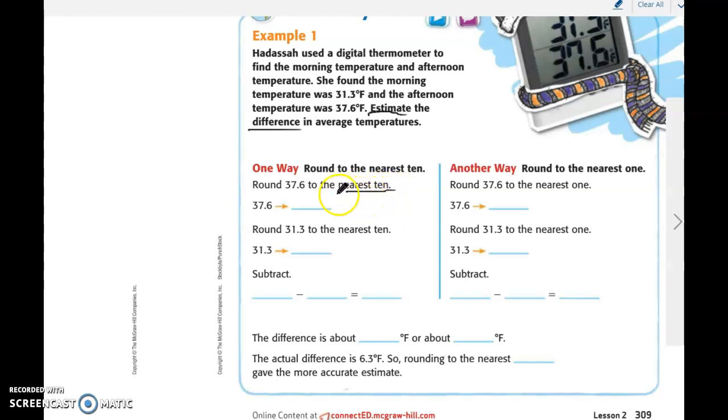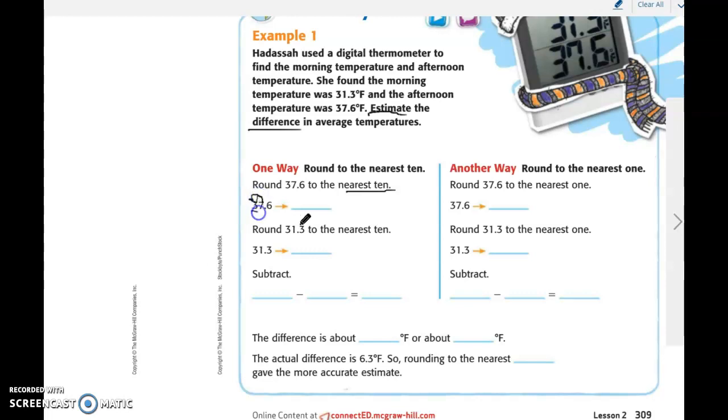It says round to the nearest 10. Well, we need to find our tens place, and then we need to round. So what number's in my tens place? The 7. Are you sure it's a 7? The 7 is going to tell the 3.